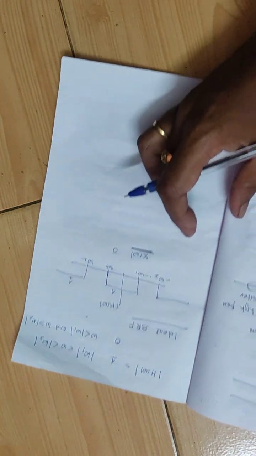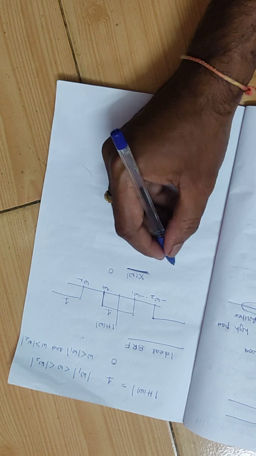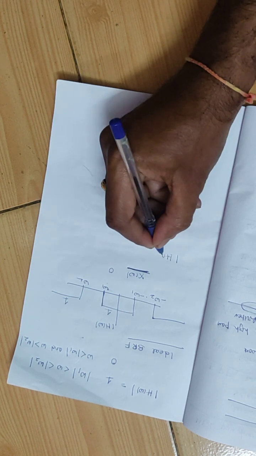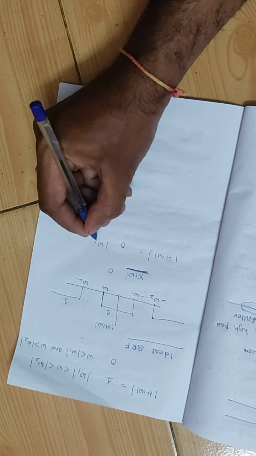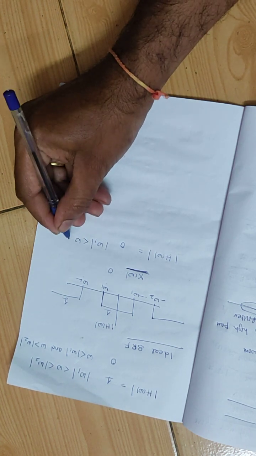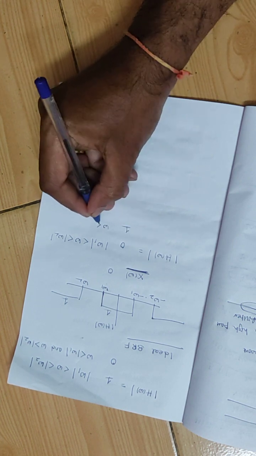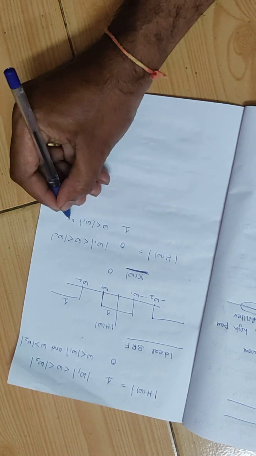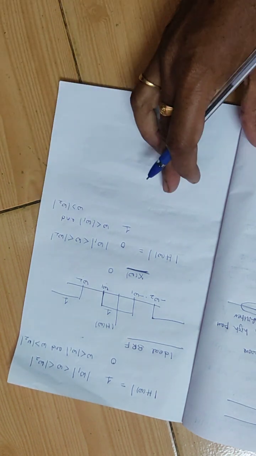Coming to the mathematical representation of a band reject filter, modulus of h of omega equals 0 for modulus of omega between omega 1 and omega 2, and equals 1 for omega less than modulus of omega 1 and omega greater than modulus of omega 2.